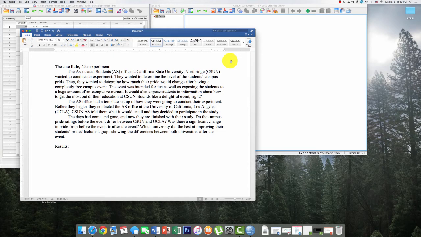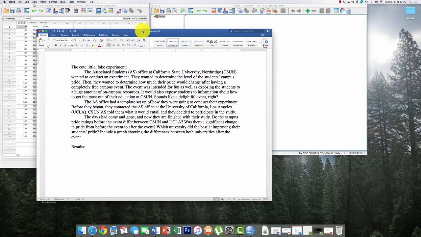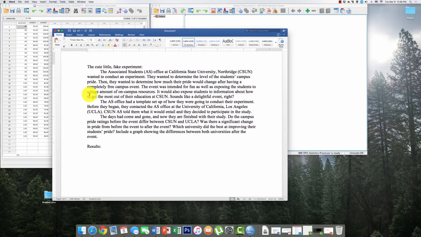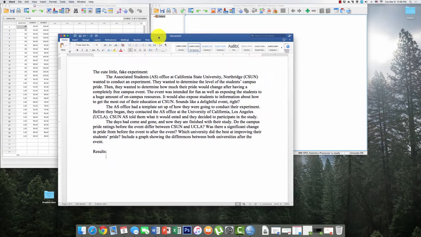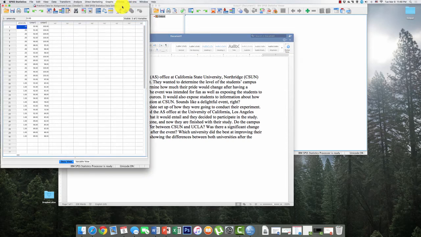So the prompt sounds familiar, right? I'm hoping it does, because this is very similar to Debbie's example. I just made up my own data, so just go with it. Okay, so in SPSS, I have my data. One thing I want to point out is that for university, I have it coded with zeros and ones.